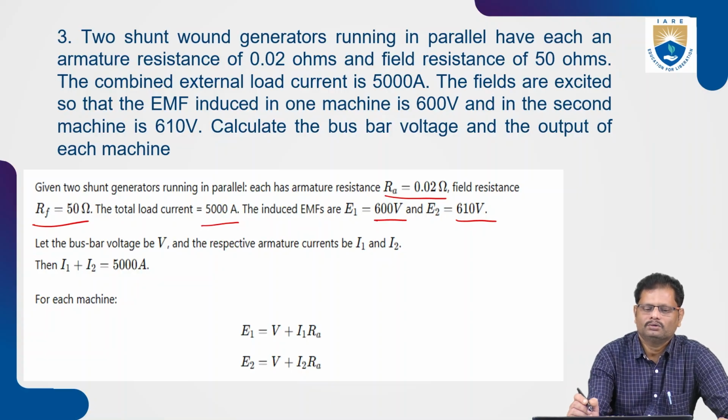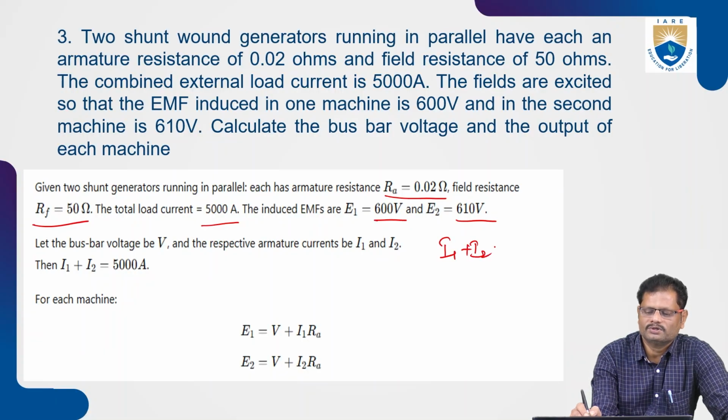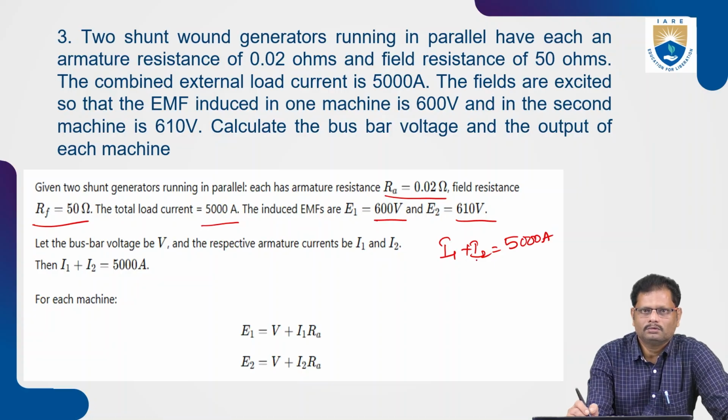The combined external load current means I1 plus I2 is 5000 amps. For each machine we have E1 600 volts and E2 610 volts.